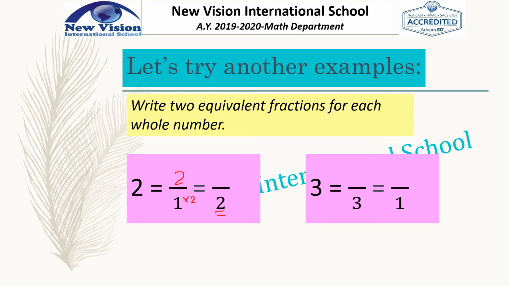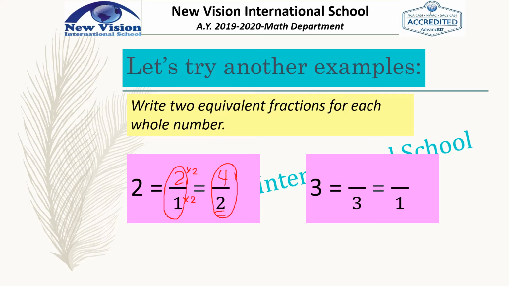So 1 times 2 is 2. Now, since you are multiplying the denominator with a 2, we're also going to multiply the numerator with a 2, making it 2 times 2, which is equal to 4. Thus, the equivalent fractions for the whole number 2 are 2/1 and 4/2.